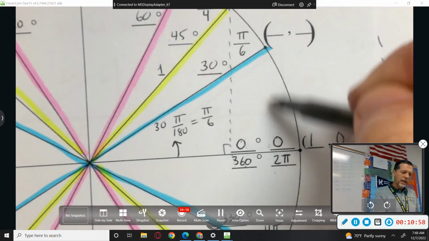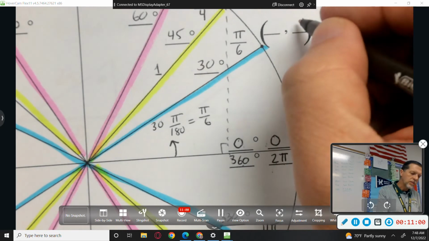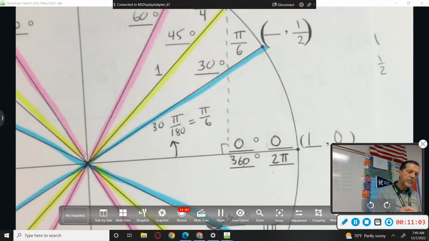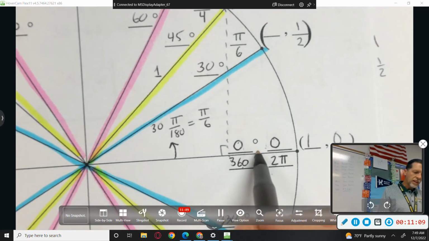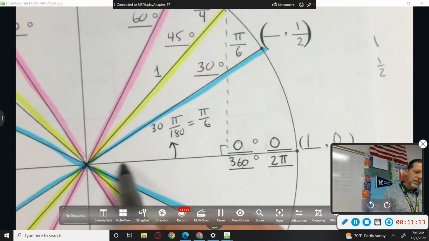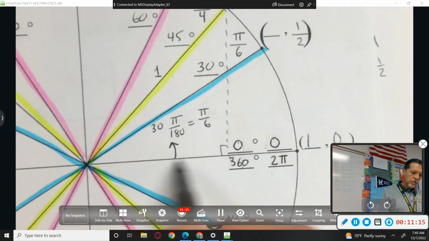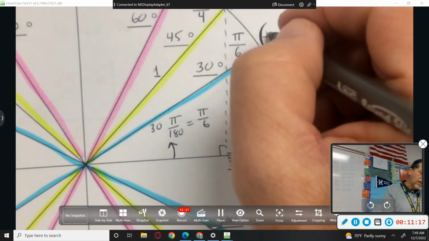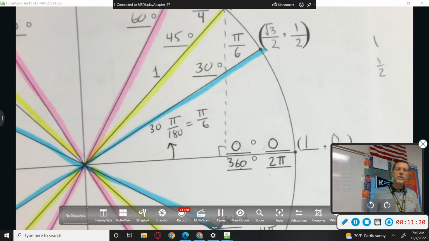Which coordinate is that? That's the y coordinate. So the y coordinate is 1/2. The long leg, not the hypotenuse, but the long leg, how long was that? Root 3 over 2, and that's the x value, root 3 over 2.